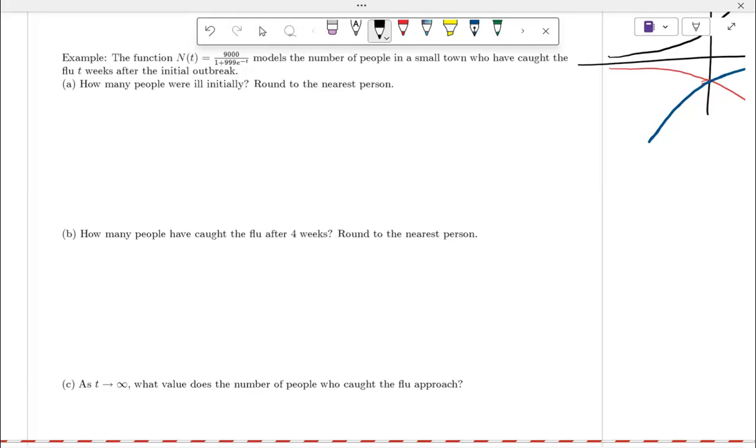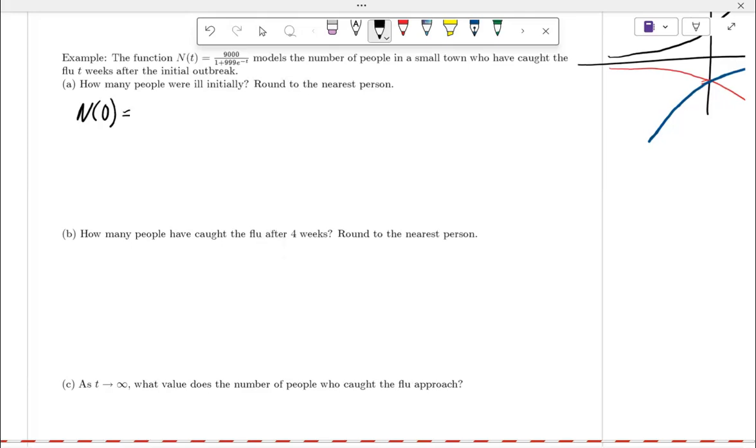What week are you on if you're looking at the initial value? 0. So what do you think you need to do to figure out how many people were sick initially? Put 0 for T. Good. Exactly. Yep. So number of people ill initially will be putting in 0 for T.